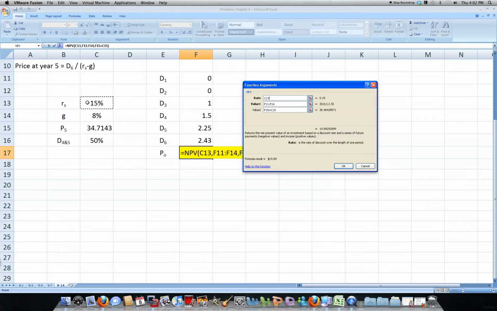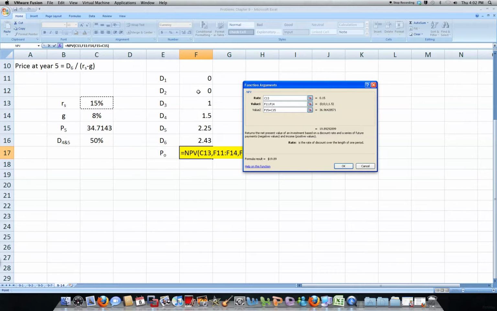C13. Values: our first value is F11, which would be our dividends for year 1, all the way through F14. Okay, that would be our D4. Then our value for our final period, which is our 5th year, would be F15, which is our dividend of year 5, plus the price at year 5.